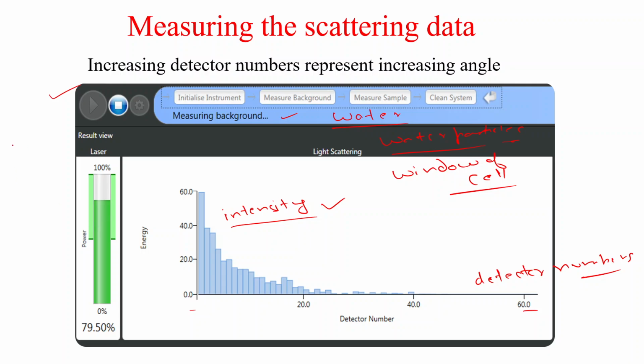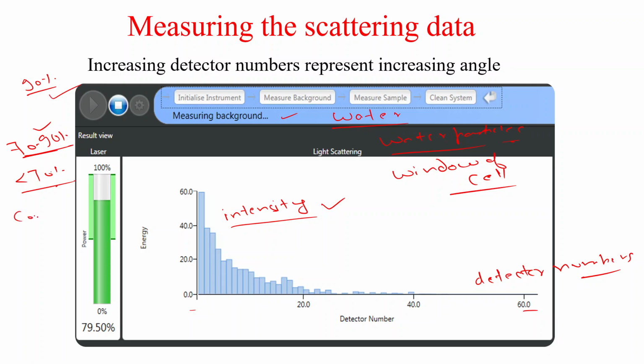Generally we take the power of the laser light as 70 to 90%. We take it like this because if it is greater than 90%, the detector will get saturated, and if it is less than 70%, we don't get sufficient intensity of the scattered light.